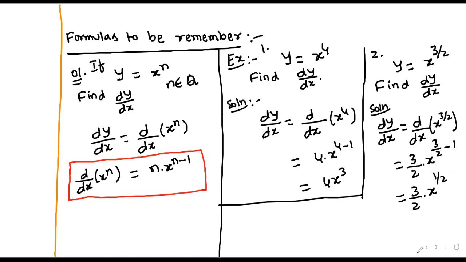Sir, these two cancel, na? Here the 2 and the 2 of 3 by 2 will get cancelled. But that is in the power, sir. Very good.